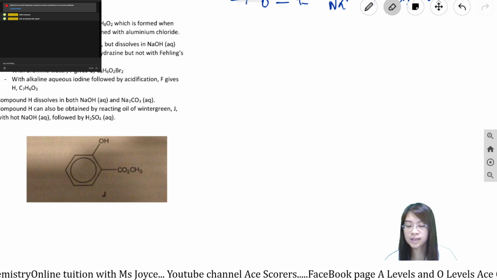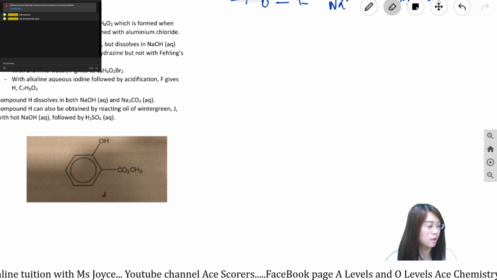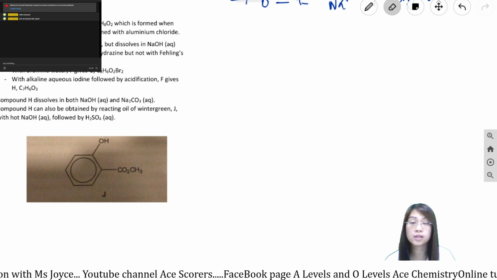Nonetheless, it says that F gives G when it has reacted with the bromine water.